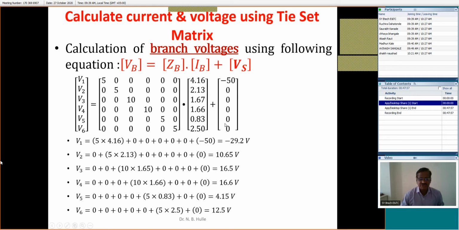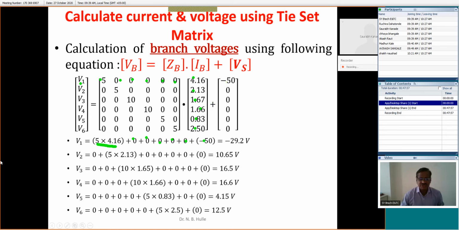Now look at how I have done the calculation. This V1 is equal to 5 into 4.16. Then 0 into 2.3 is 0, 0 into 1.67 is 0, 0 into 1.66 is 0, 0 into 1.83 is 0, 0 into 2.5 is 0.